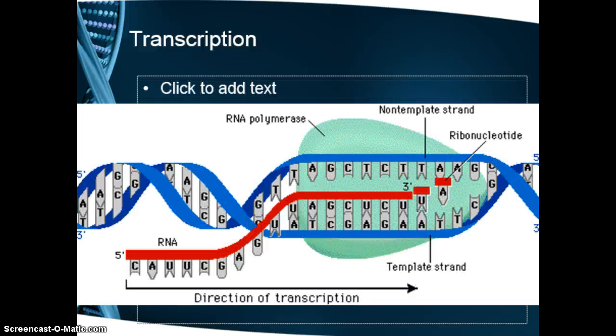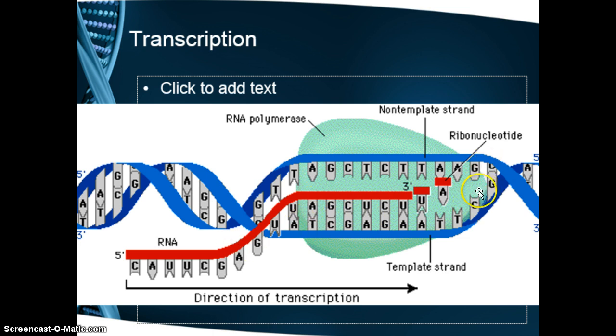If we look at this transcription here, we have our RNA polymerase, which you can't see in here. But what it is doing is unwinding, unzipping this and filling in our information, as in replication.